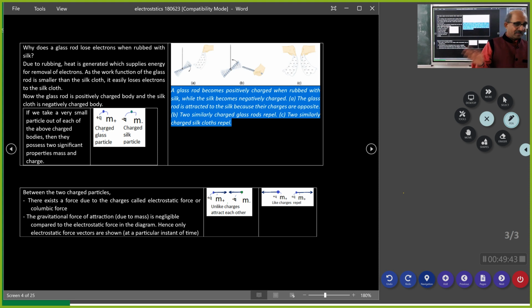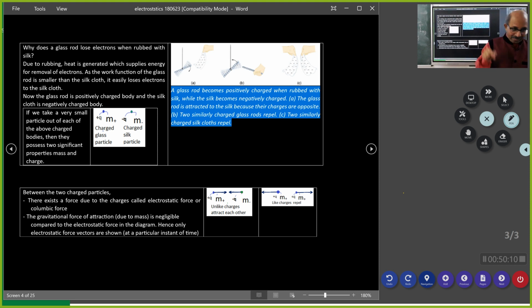Then the gravitational force can become significant. Or in MCQ type questions, they can ask you, given a proton and a proton, the force between them is: A, Coulombic force, B, gravitational force, C, both. Something like that. So if you have understood what I told today, you will mark both.